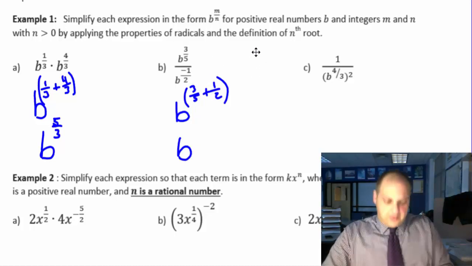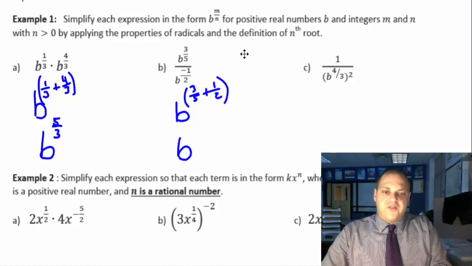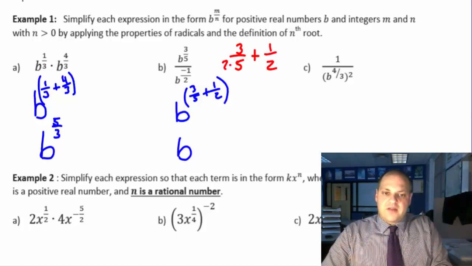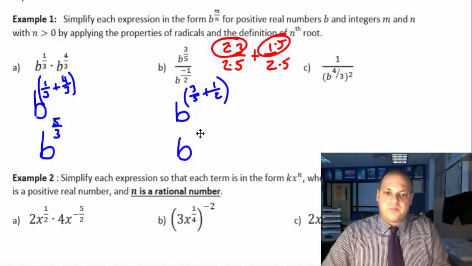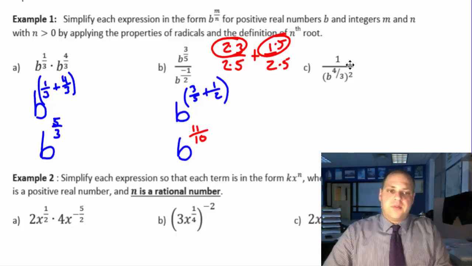Well, on the side here, we have to do 3/5 plus a half. And of course, you need a common denominator. Times 2, times 2, times 5, times 5. So this is 6 and 5. 6 and 5 is 11. 11 over 10. 10 is the common denominator. So b to the 11/10 would be the answer there.